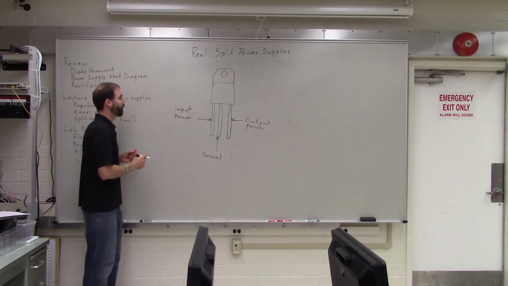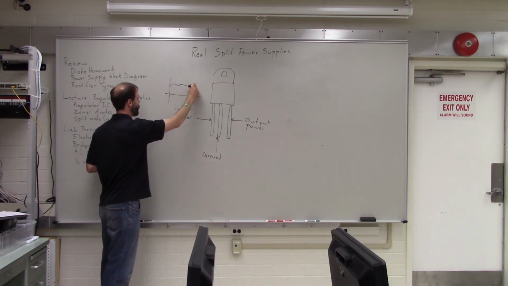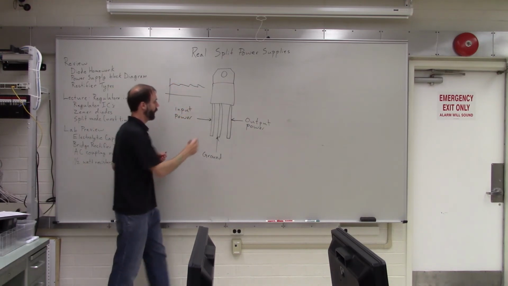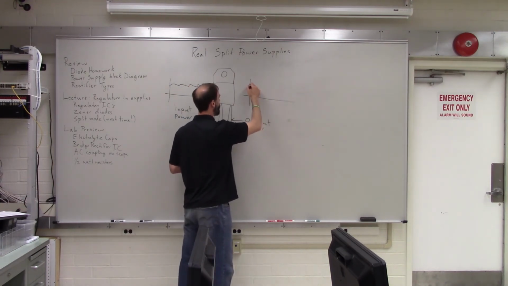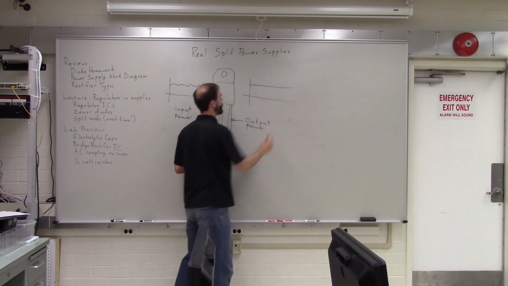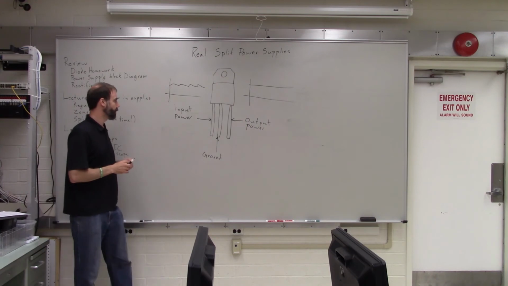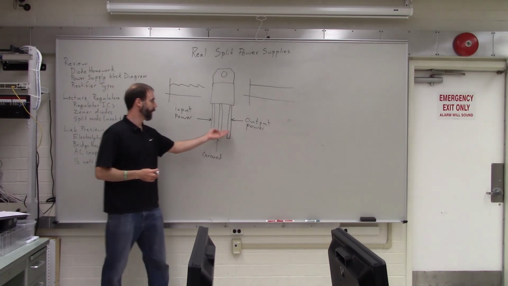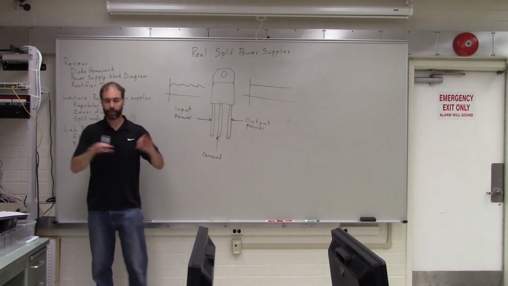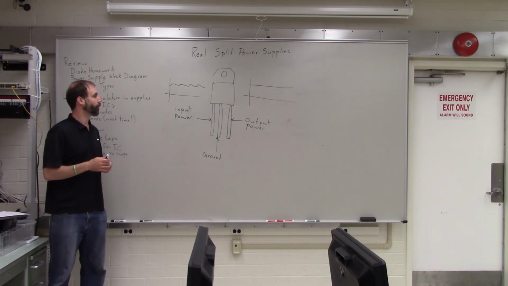Okay? So the input power is that wavy looking signal, and the output power is that nice flat DC that we're looking for. So you hook up the input power to one of these legs, you hook up ground there, and then you get a nice flat DC signal coming out. Okay? So that's what it is.